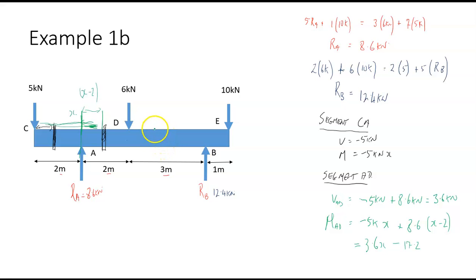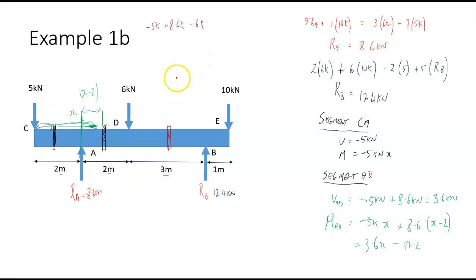If I want to work out what it is between D and B, well, let's change the pen color. Right, so we'll take a segment here. So let's look at all the forces to the left of here. So we have minus 5k plus 8.6k, and then we have minus 6k.